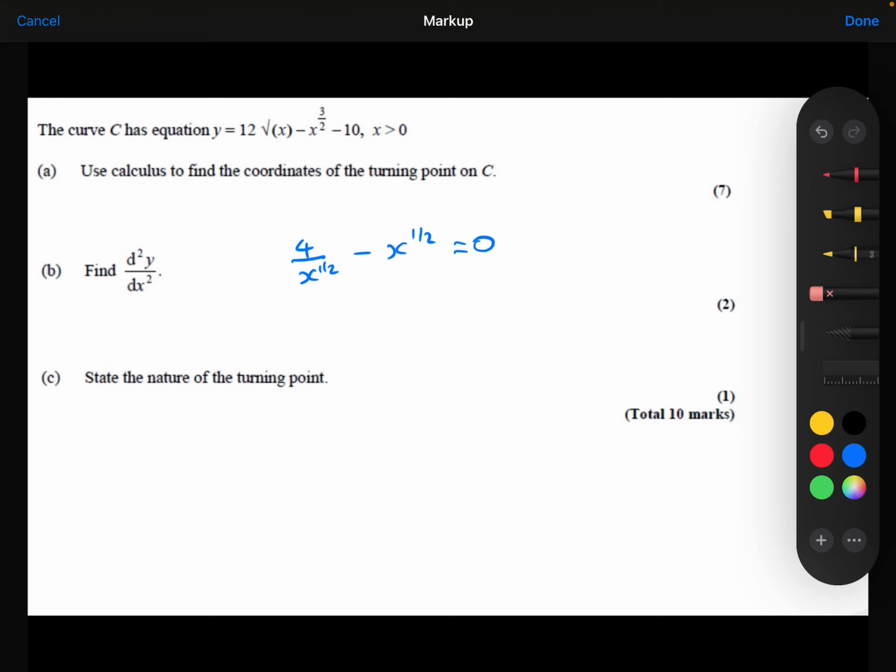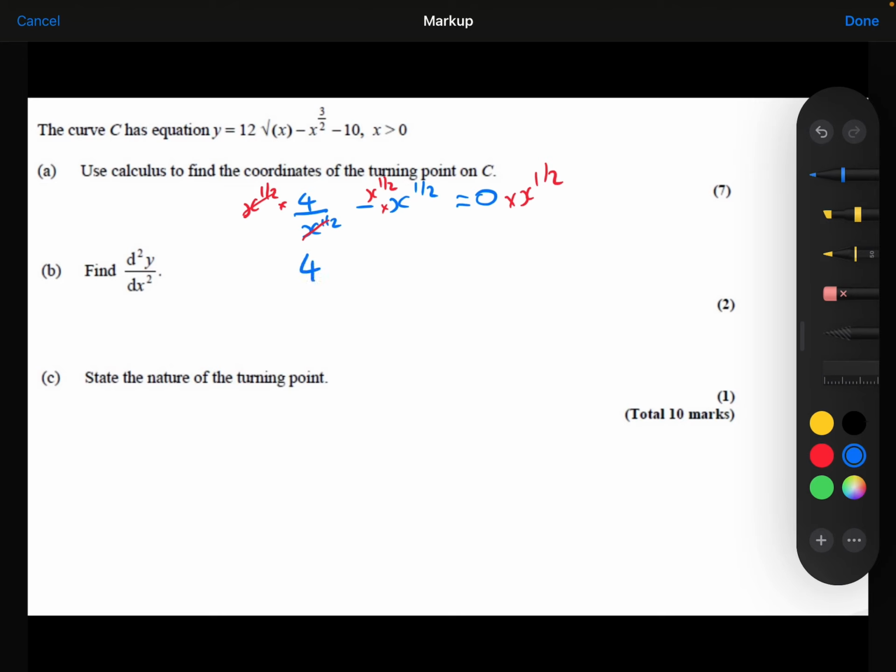Now, the good thing then is I can hopefully see quite clearly what I'm going to do here to solve this equation. I'm going to multiply each term here by x to the power of 1/2. That's going to get that off the denominator. But obviously I have to do that to both sides. So we're going to multiply all the way through by x to the power of 1/2.